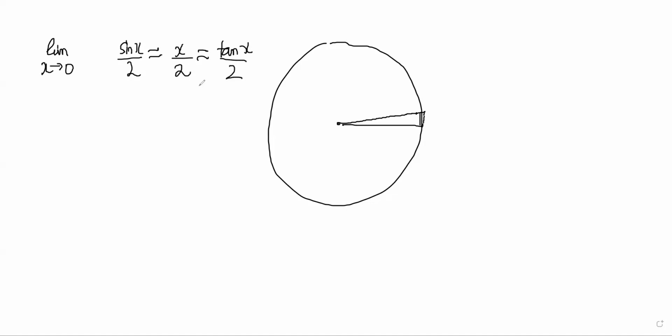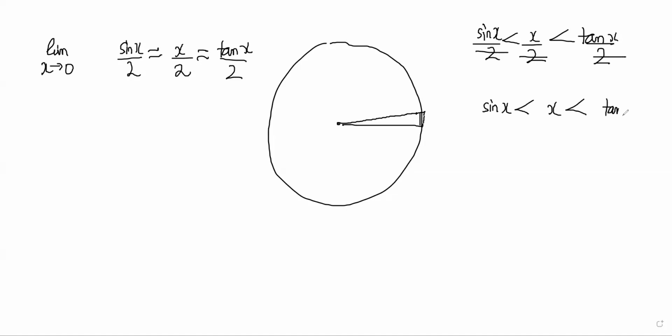Yes, sir. So in general, what we have is sine x by 2 is less than x by 2 is less than tan x by 2. So if you multiply by 2, it gets cancelled. You have sine x is less than tan x. And you divide everything by x, you get sine x by x is less than 1 is less than tan x by x, right?